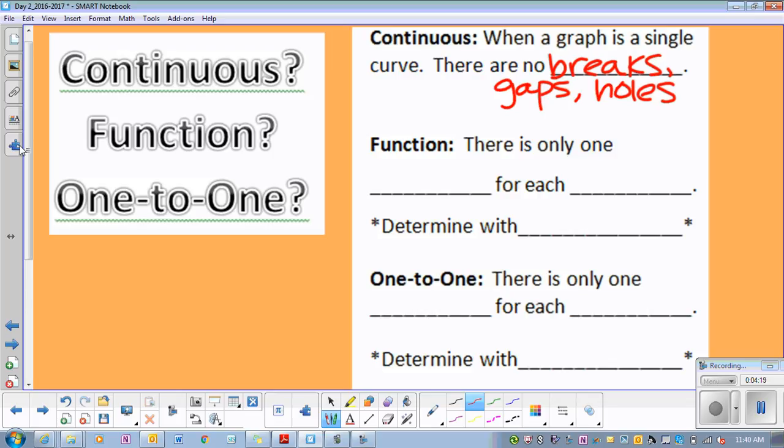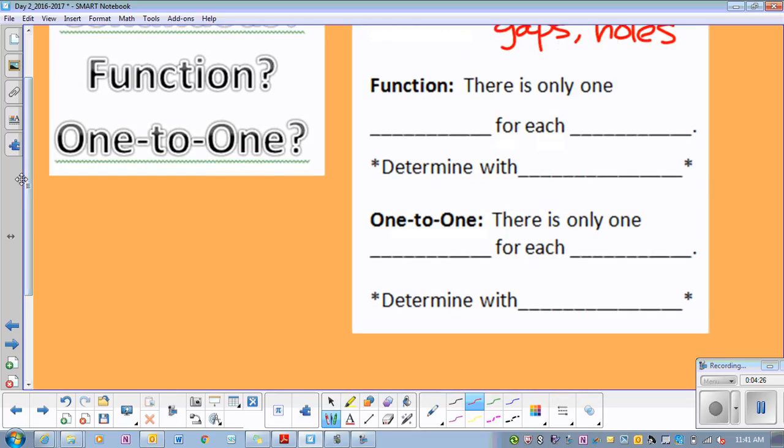All right, so how do you know if a graph is a function? You know it's a function if there is only one y value for each x value.